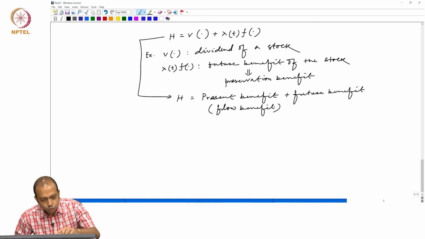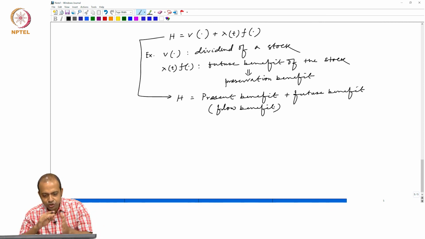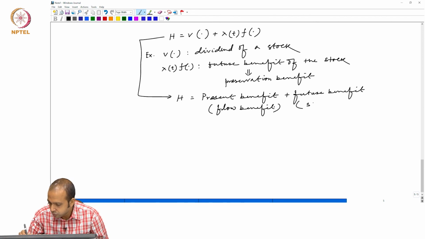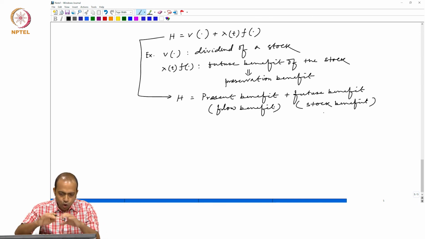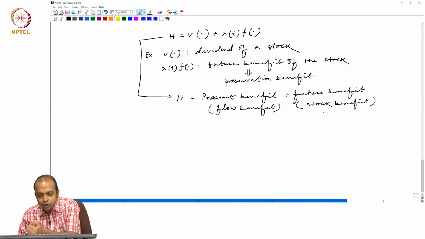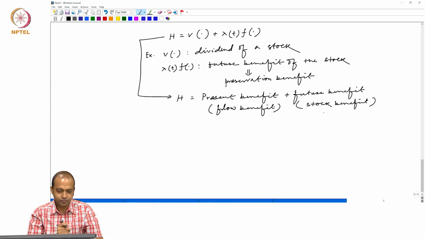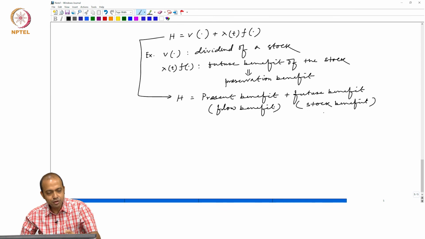Within this H function, something is present, something is future. You can think of future benefit as a stock benefit. So what we can do is either convert this flow benefit into stock, or future stock benefit into flow, so that this addition within the H function becomes easier. Is this clear?